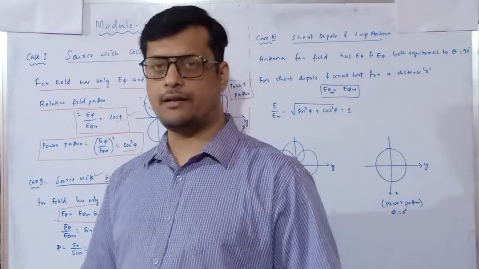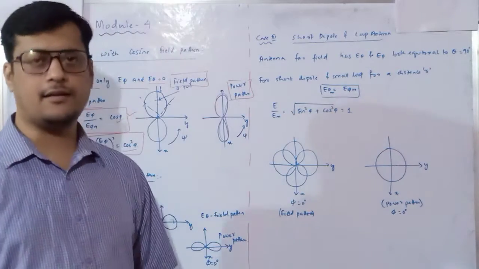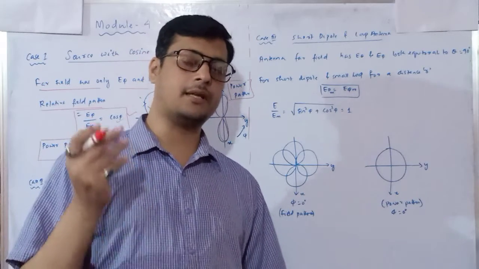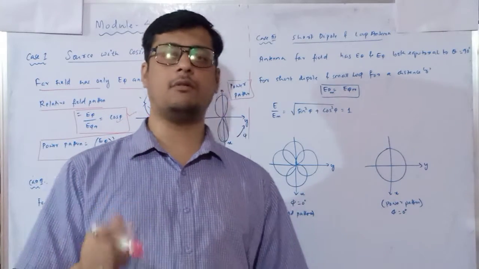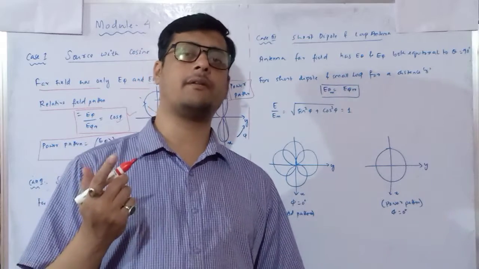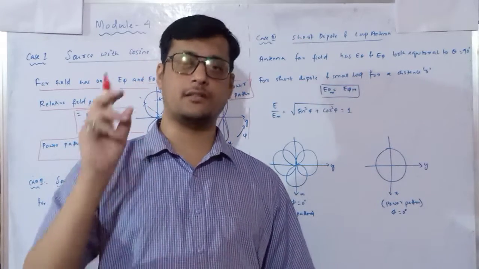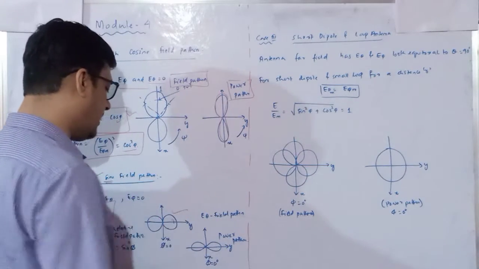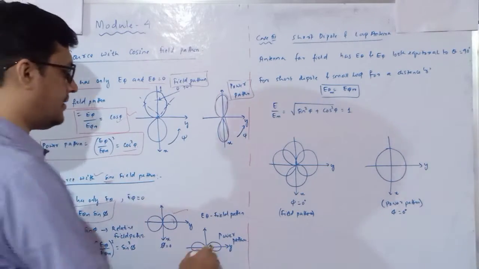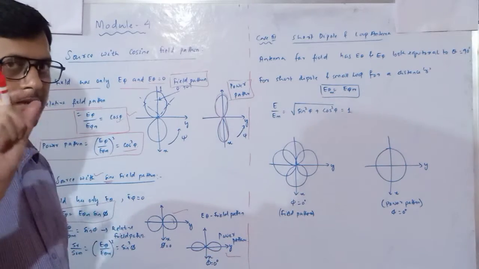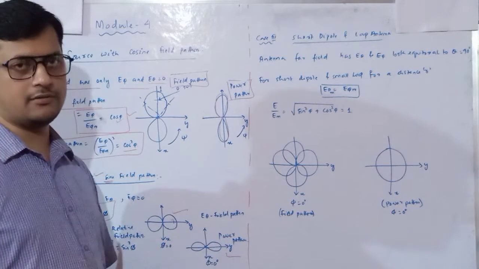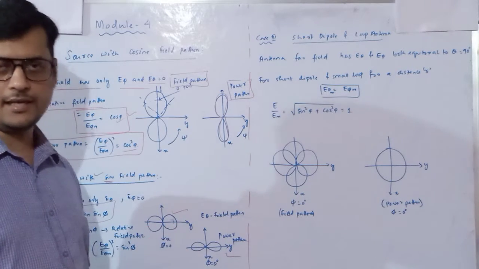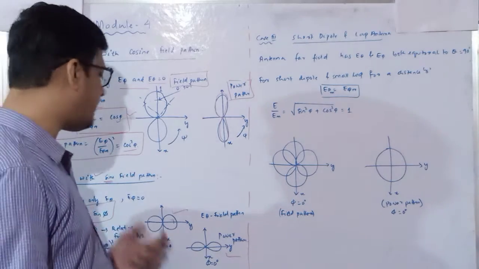Similarly, if sine phi is 0.5, what will be sine square phi? It is 0.5 whole square, 0.25. It is narrower with respect to the field pattern. So here you can see this is my field pattern and this is my power pattern. The amplitude will reduce, the beam will be narrow. Here the beam is wider, here the beam will be narrow. Okay, so this is our sine field.